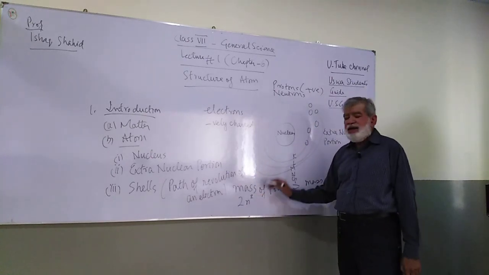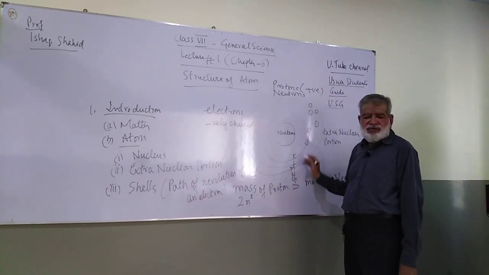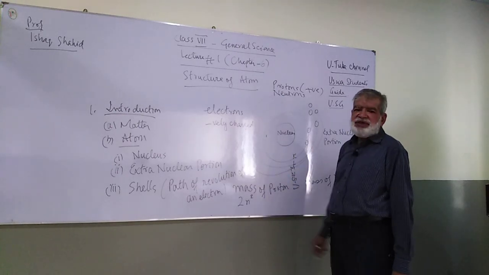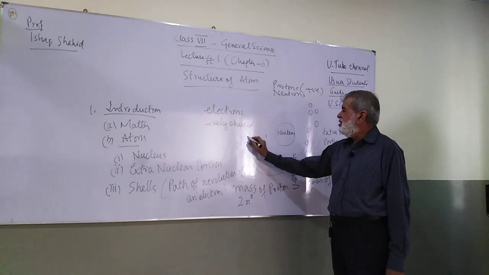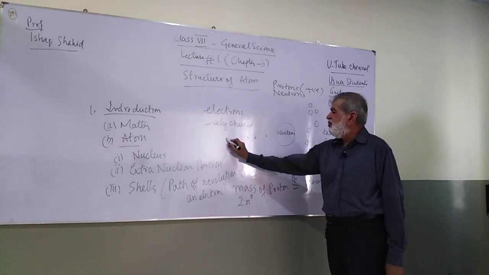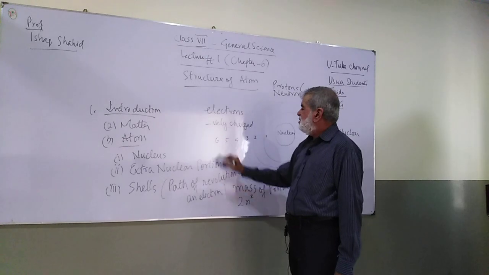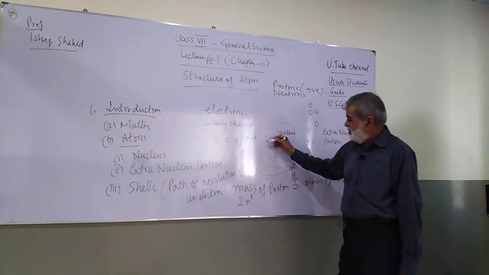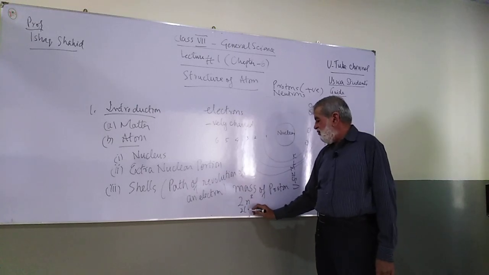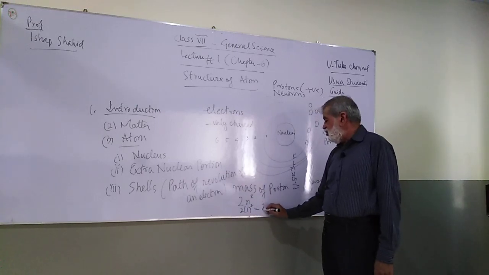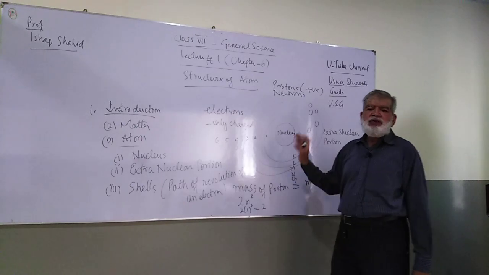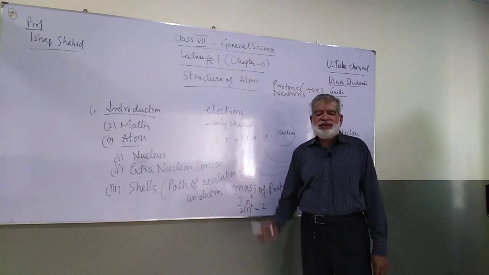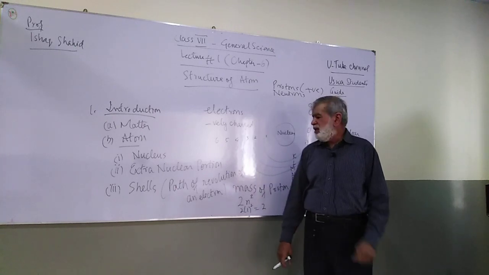If n is the number of the orbit or shell, suppose this is the first shell, this is the second shell, this is the third shell, and then the fourth, fifth, sixth. So these are K, L, M, N, O, P. If it is the first shell, then the number of electrons in it will be 2. So the first shell has only 2 electrons.